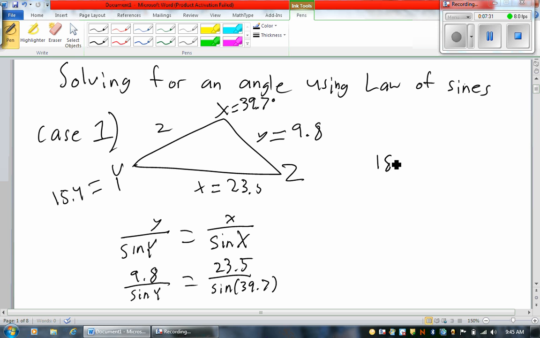Since we know that the sum of the angles is going to be 180, 180 has to equal 39.7 plus 15.4 plus our angle Z. When you solve that, it's going to come out that 124.9 equals our angle Z. Once again, we could have done this using law of sines, but it's simpler if you already have two angles to find your third angle just by doing that.